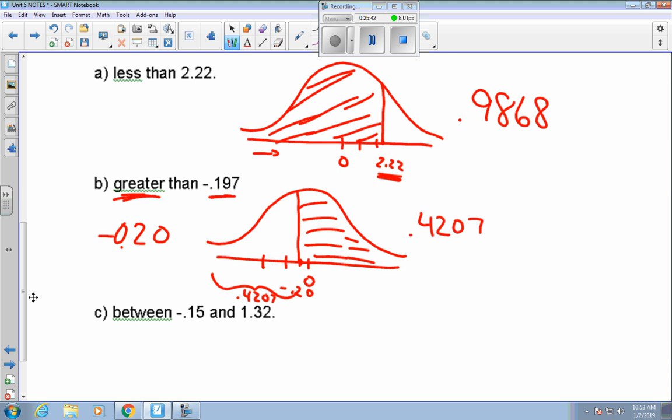So to find this shaded region, I have to do 1 minus 0.4207, which gives you 0.5793. Does that make sense? So that's the second scenario. Tomorrow we're going to work on a lot of these. Just practice. Like I said, some of you will get it quick. Some will need a little more work, which is perfectly fine.